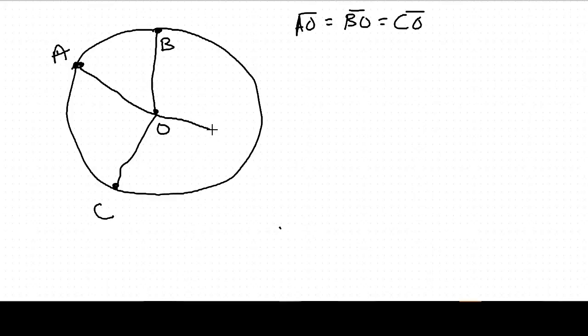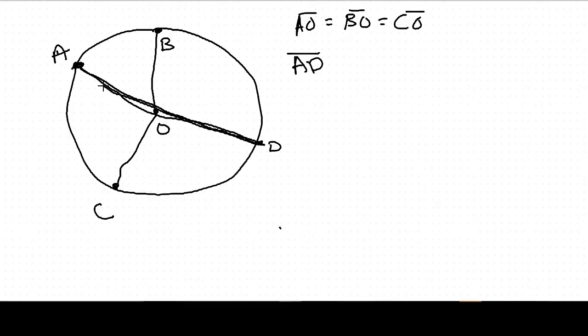Now what if I call that D? What kind of line is AD? Circumference. When you have a line that goes straight across, I'm trying to draw that as one straight line, by the way.